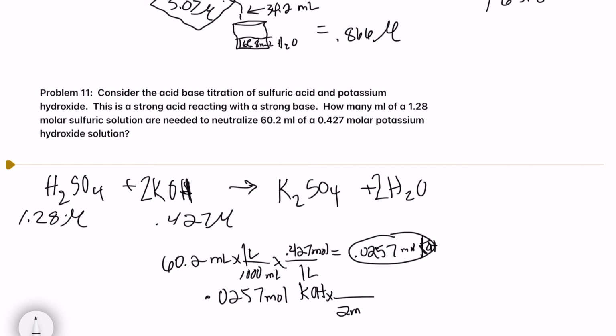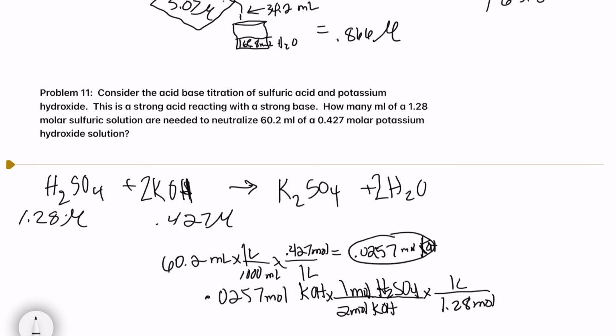We see that we have 0.0257 moles of potassium hydroxide. We use our balanced equation. We need to get rid of potassium hydroxide, so it's going at the bottom. On our balanced equation, there are 2 moles of potassium hydroxide for every 1 mole of sulfuric acid.